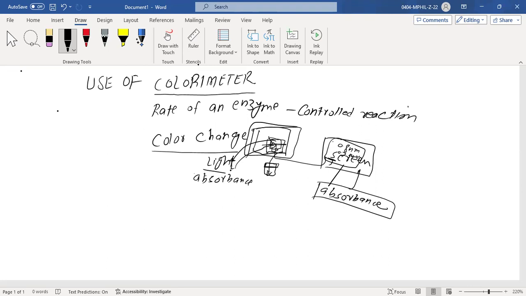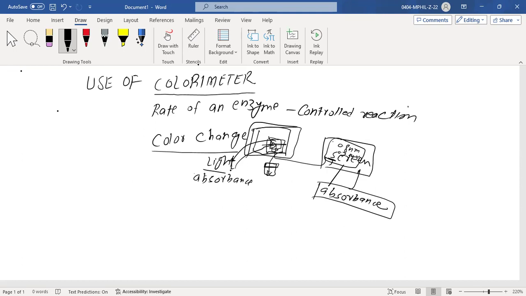Remember, when the rate of reaction is greater, there will be a greater absorption of that light. At the initial stage, the amount of that light which will be absorbed will be less.